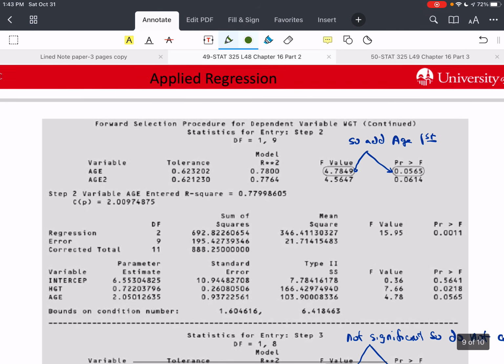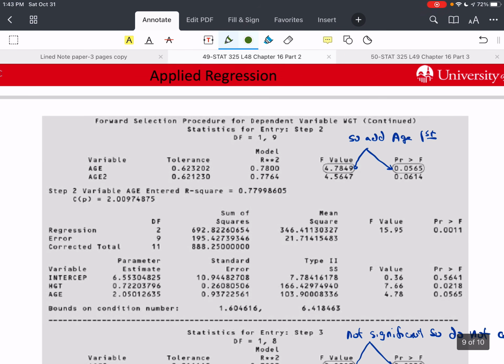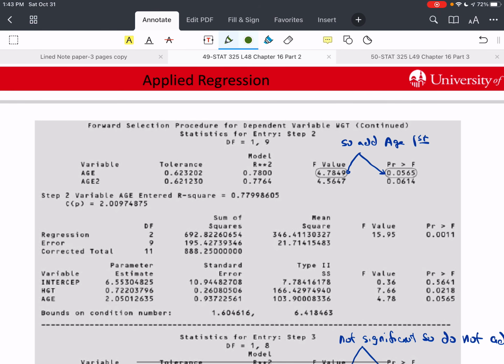Now we're going to look at the conditional F value, or partial F value, given that x1 is already in the model. So we're going to do that for age and for age squared. And we look at the F values, and this has the largest F value, and this is a smaller p-value. And so I said first, but I meant second here.